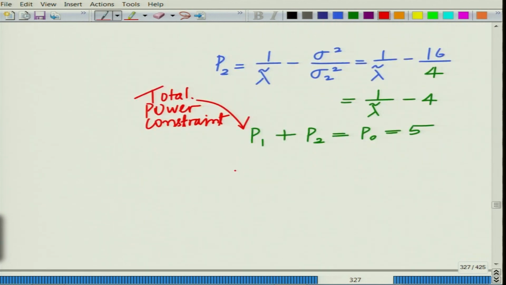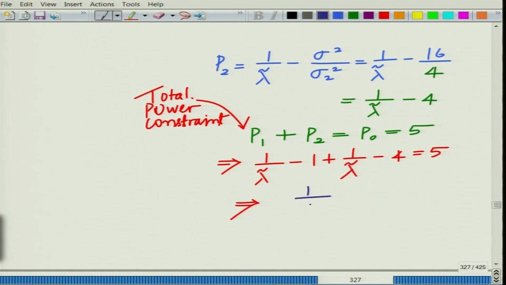Which basically implies 1 over lambda tilde minus 1 plus 1 over lambda tilde minus 4 is equal to 5, which basically implies that 2 over lambda tilde equals 10, which basically implies 1 over lambda tilde is equal to 5.